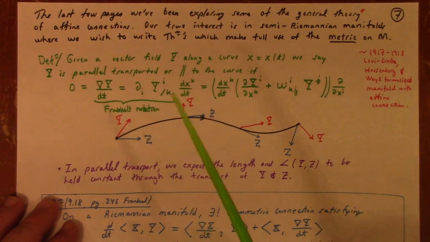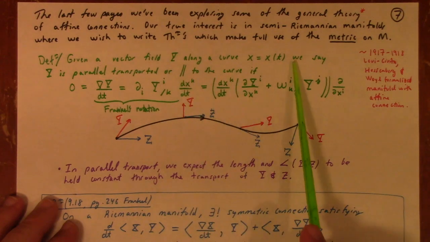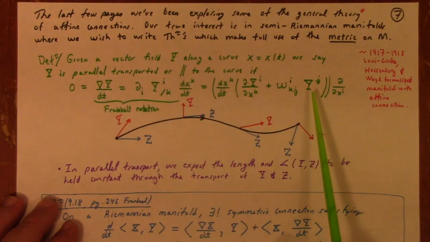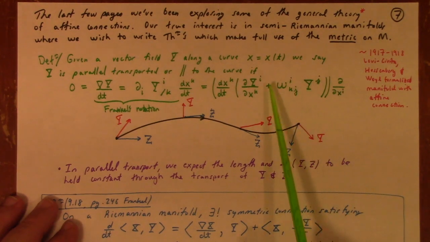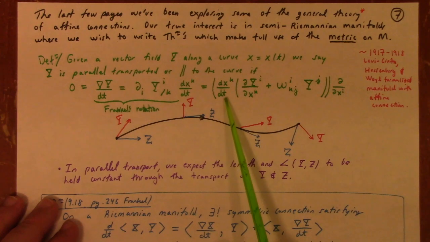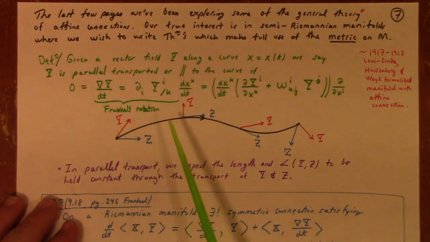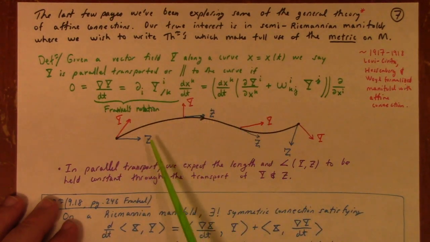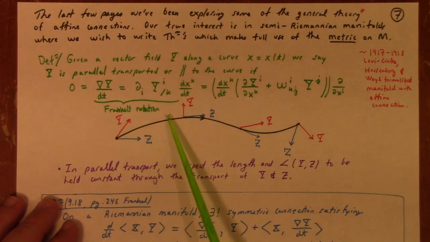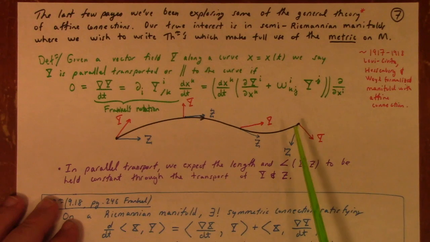Here's the definition: a vector field y along a curve is parallel transported along the curve if, when you calculate the covariant derivative of that vector field with respect to its velocity field, you get 0. So that's a fancy way of saying that the vector field stays constant with respect to the curve, as is judged by changing of vector fields with respect to the connection, right?